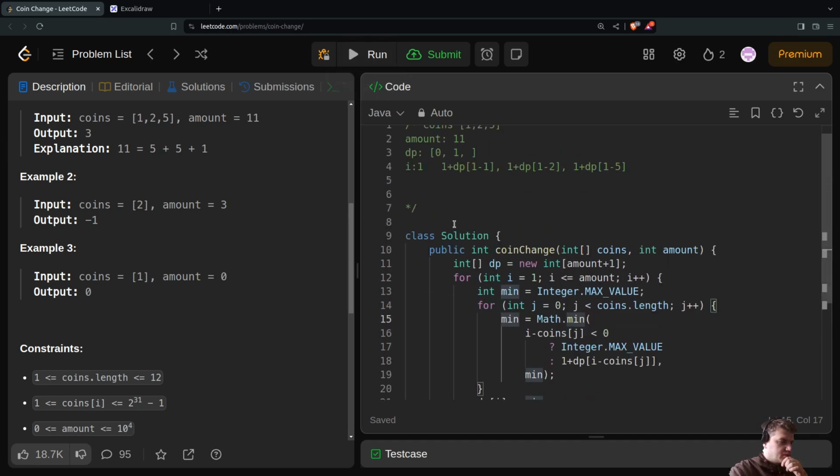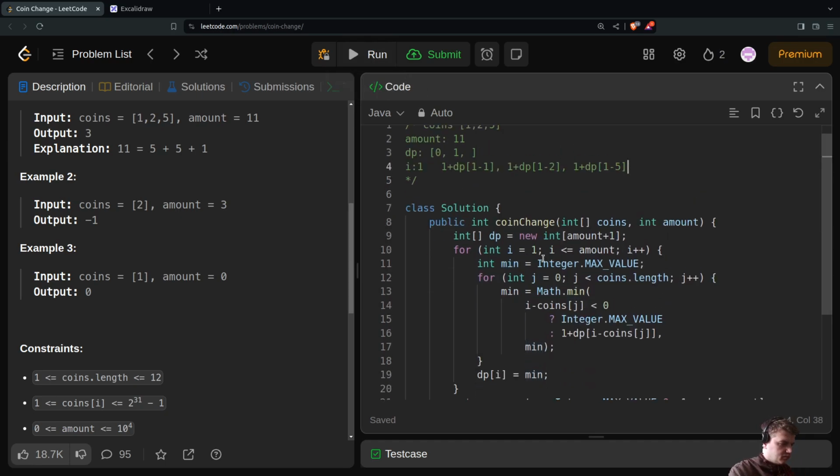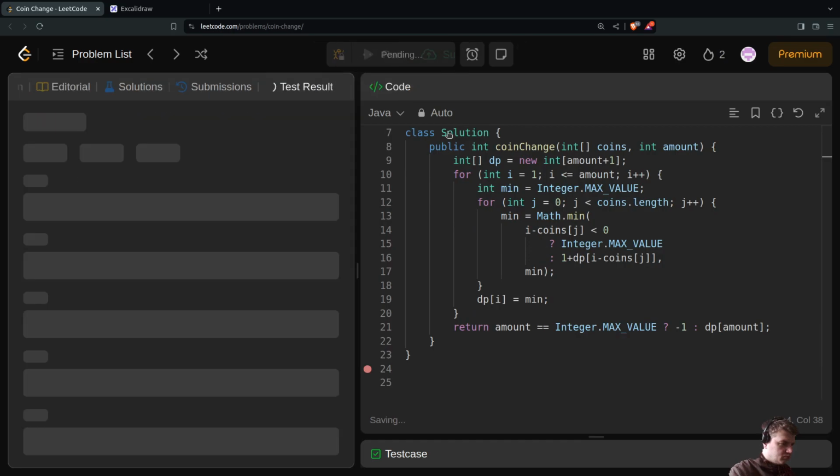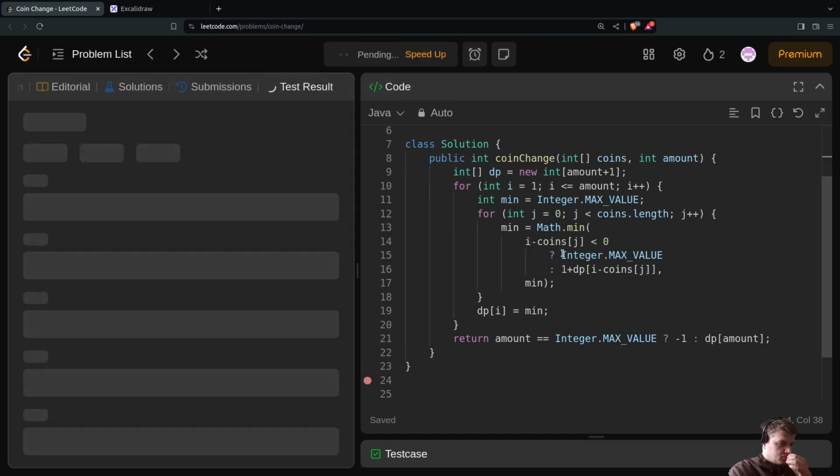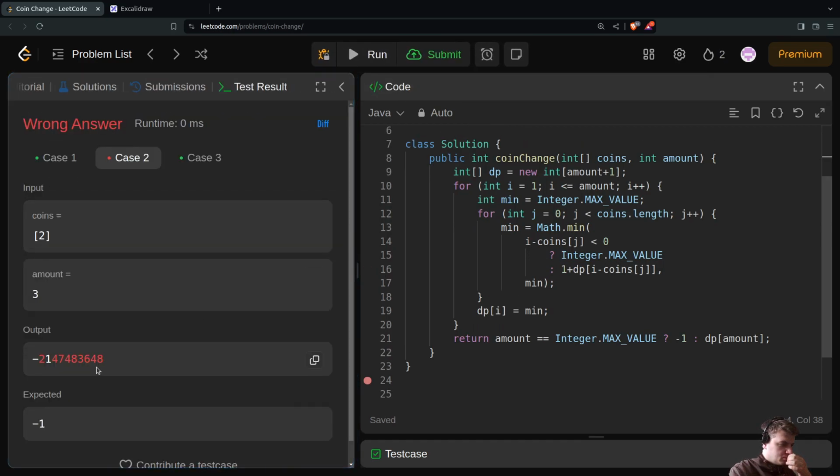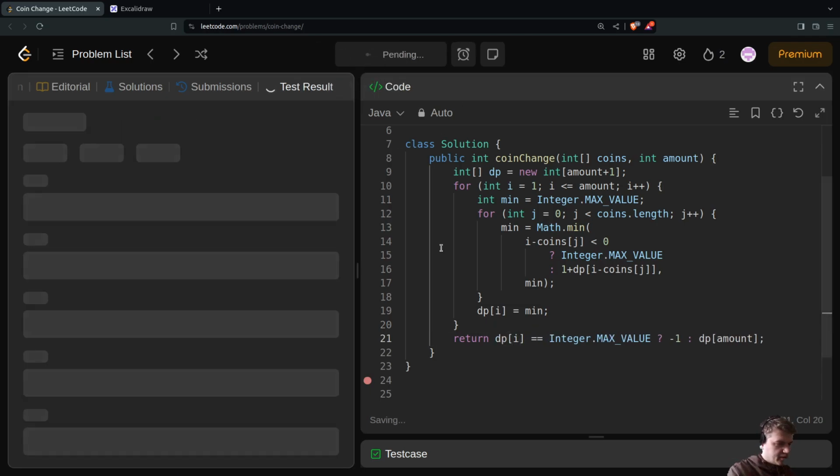Something like this. If dp of i equals integer max value, okay.